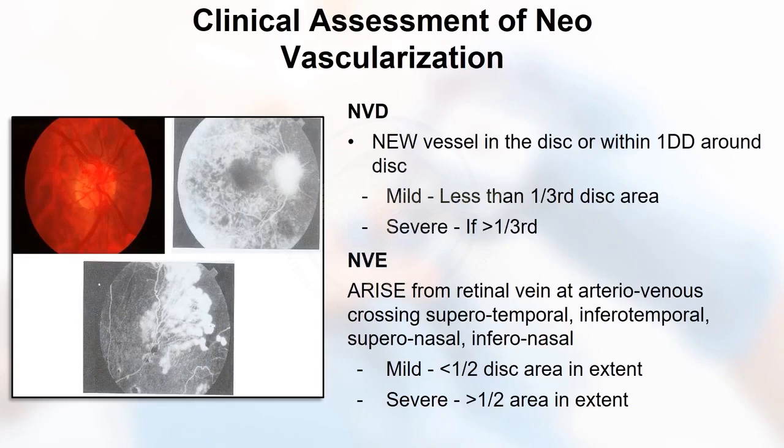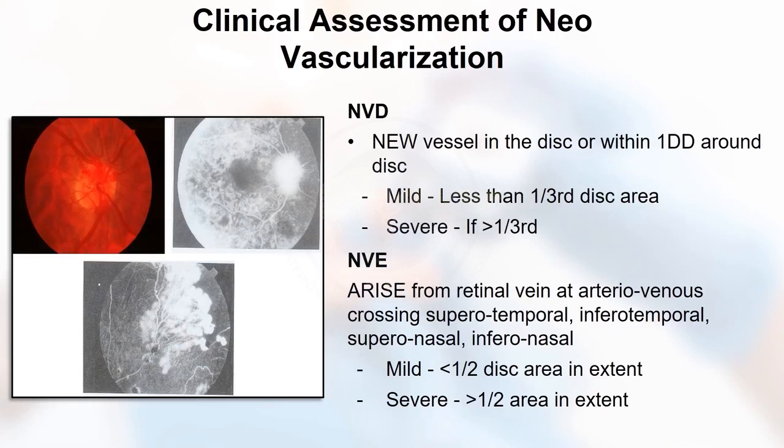Then clinical assessment of neovascularization. New blood vessels around the disc, or within one disc diameter around the disc, are mild if less than 1/3 disc area and severe if more than 1/3.